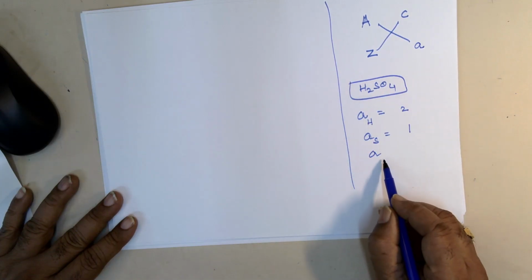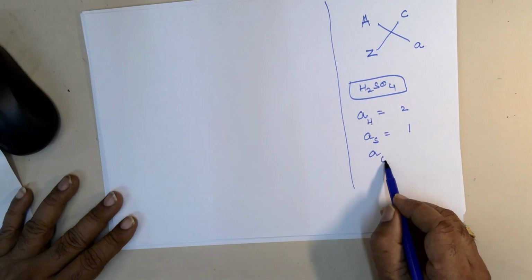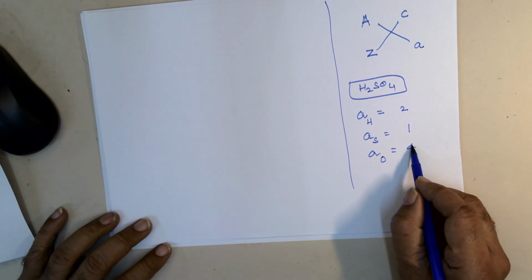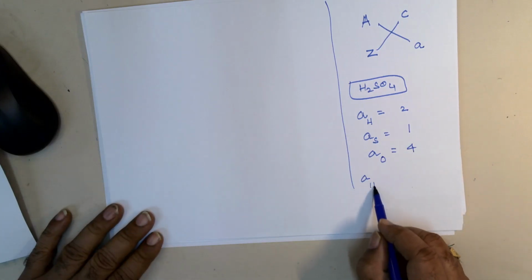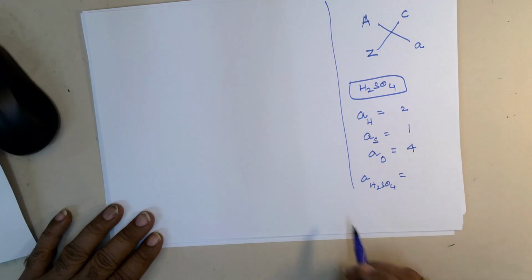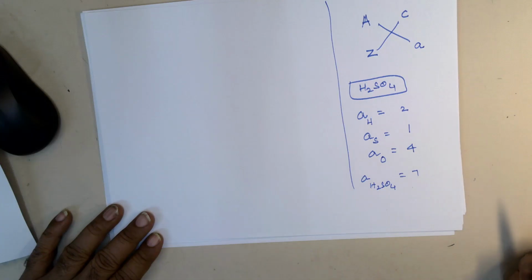Atomicity of oxygen? 4. Atomicity of sulfuric acid? You can add everything. So, 7. Do you understand?